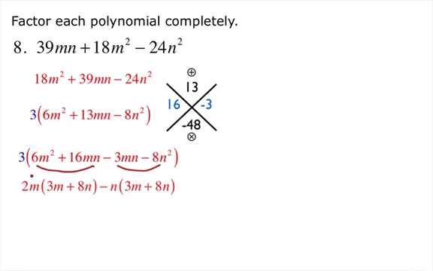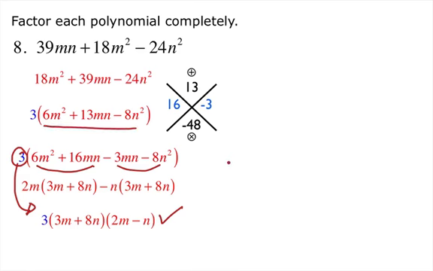This is what you get. Notice that I'm ignoring the 3 for a little bit. So once I look at this, they have 3n plus 8n in common, so I pull it out. This is what I get, and then I cannot forget about the 3. I bring it over, and this is my final answer. FOIL these two binomials, and you should end up with what you see here. And it checks. Last one.